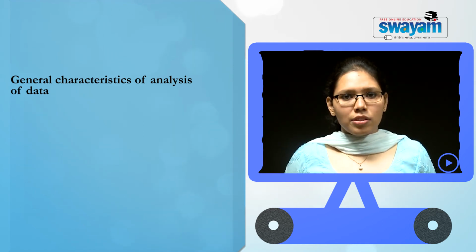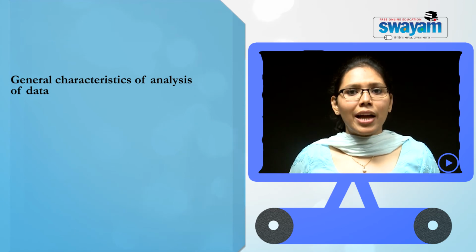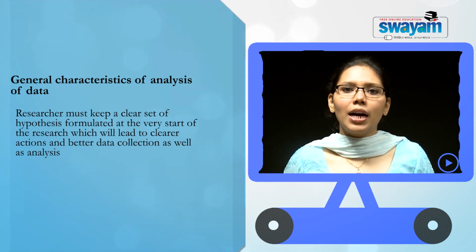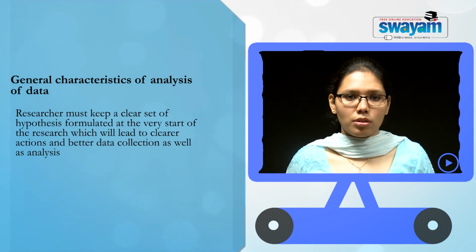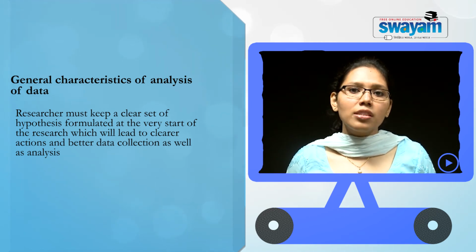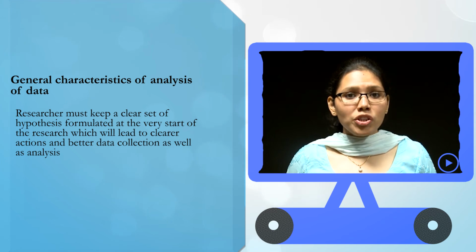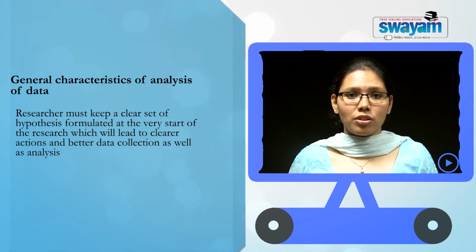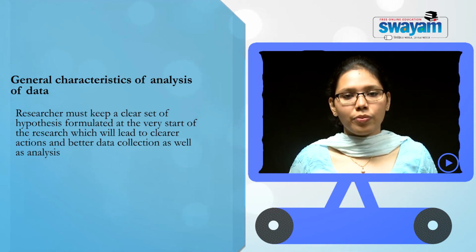Fourth general characteristic that should be kept in mind regarding analysis of data is that the researcher must keep a clear set of hypotheses formulated at the very start of the research, which will lead to clearer actions and better data collection as well as analysis.